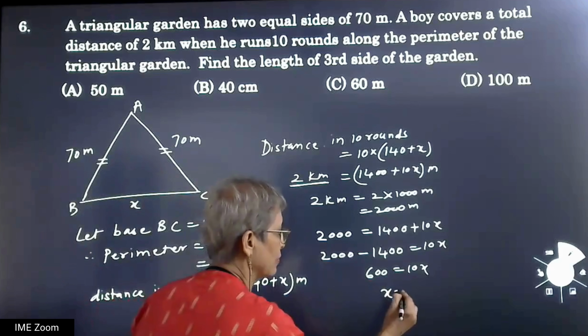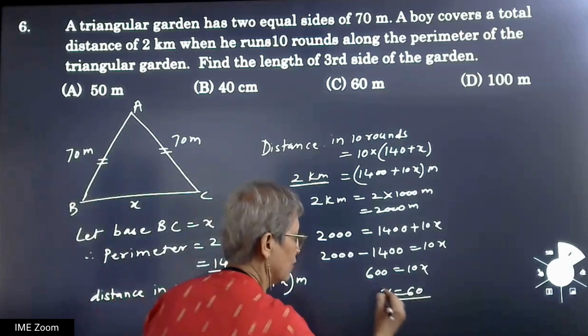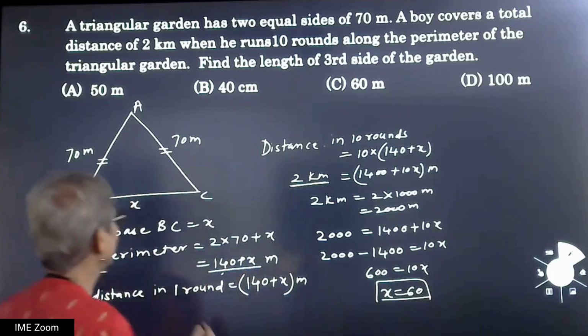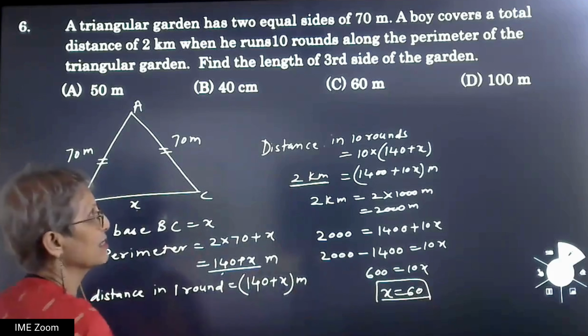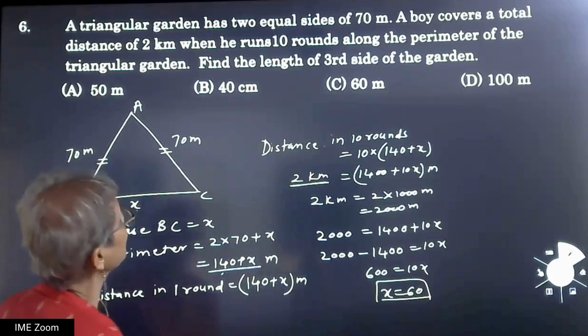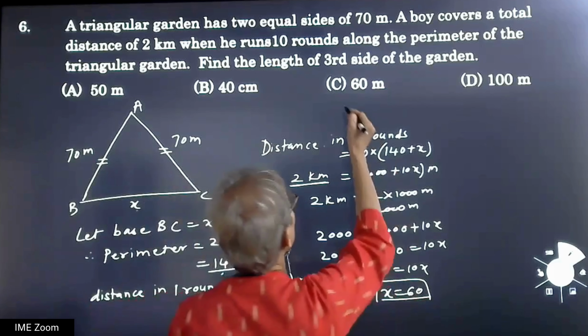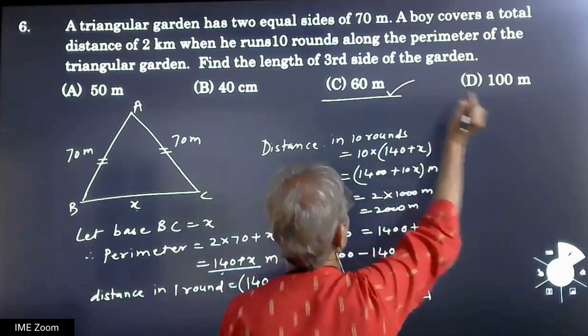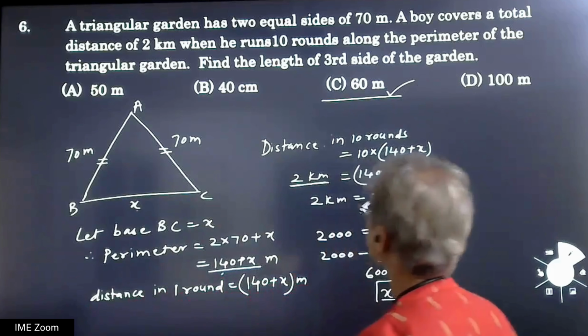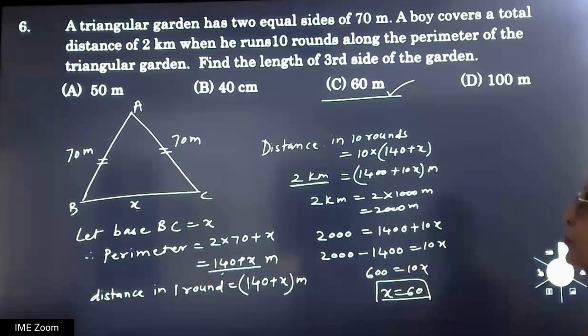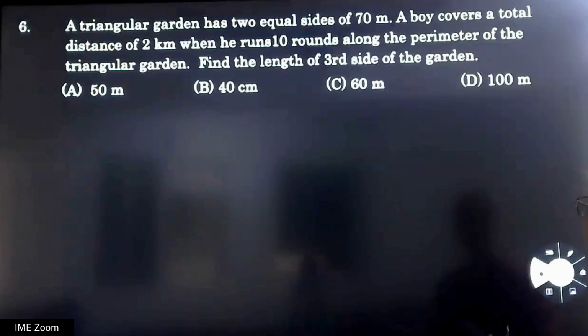And therefore x is equal to 60. So what is the third side? X, that is 60. What we have to find out? Find the length of third side. It is 60. So the option is C. Correct? Let us move to next question.